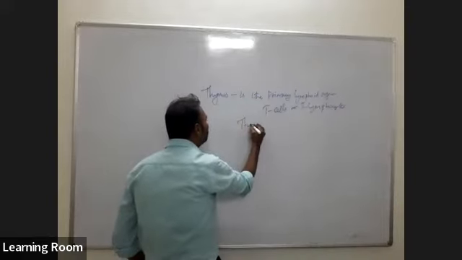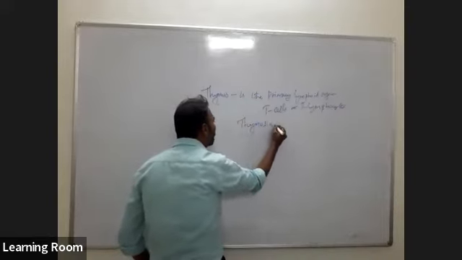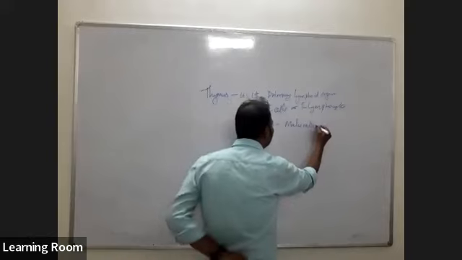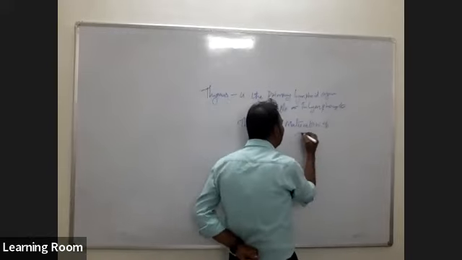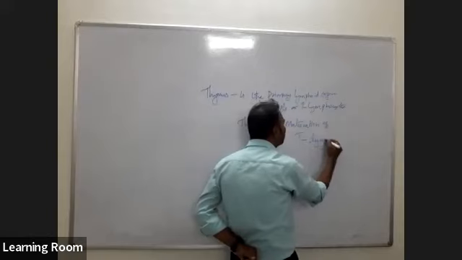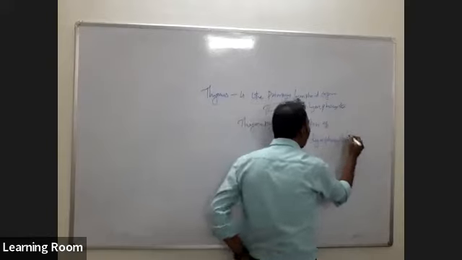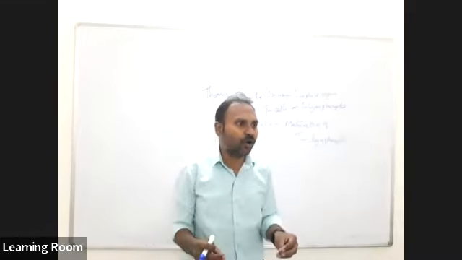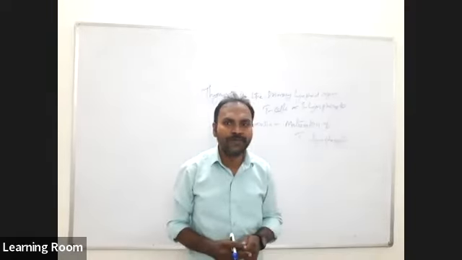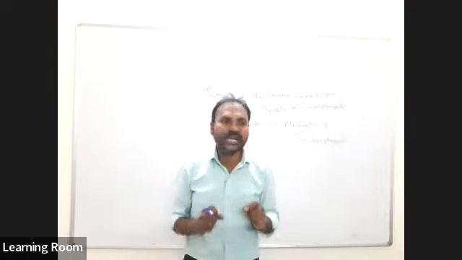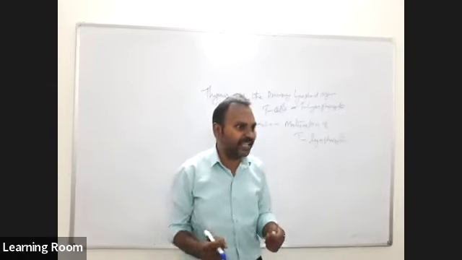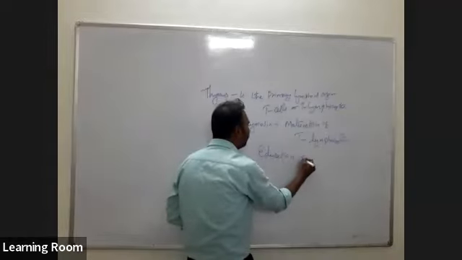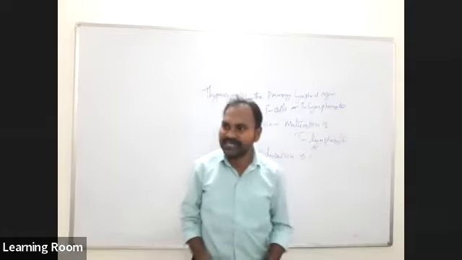The hormone thymosin helps in the maturation of T lymphocytes. The thymus gland produces a hormone called thymosin, which helps in the maturation, the education, of T lymphocytes. Is it clear?